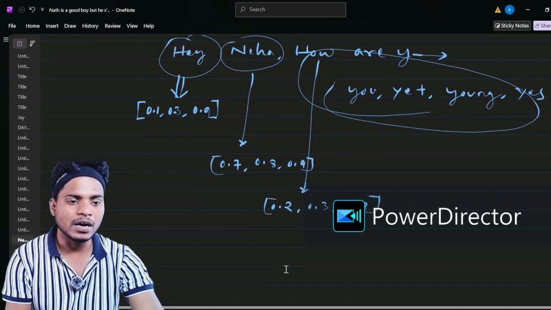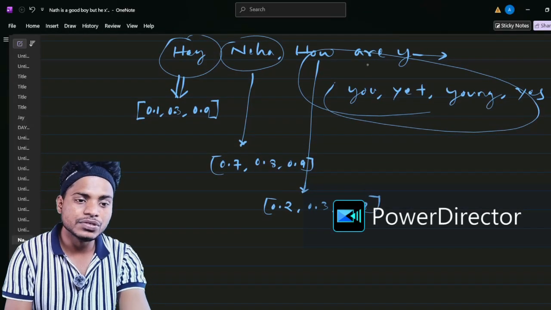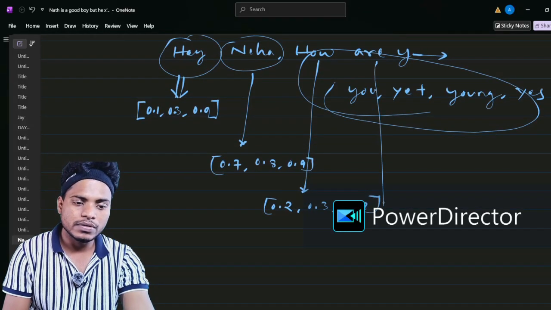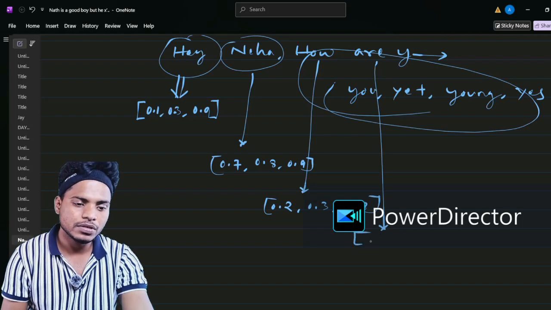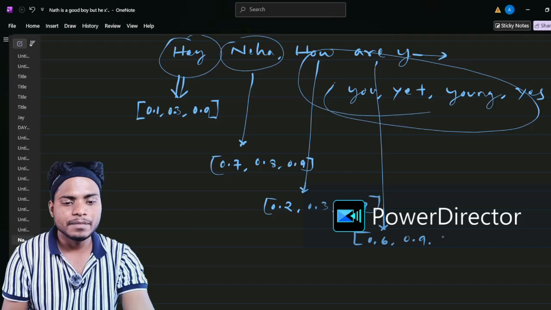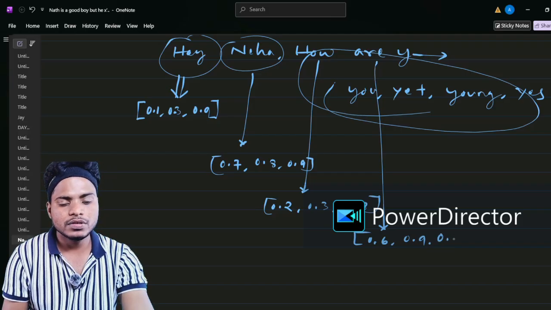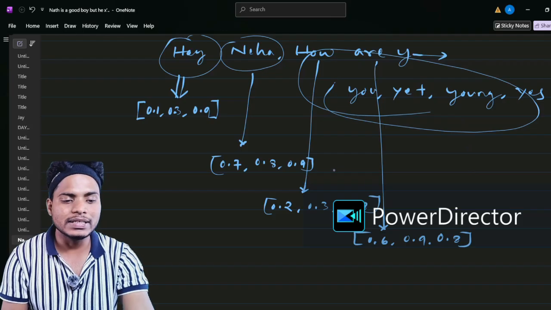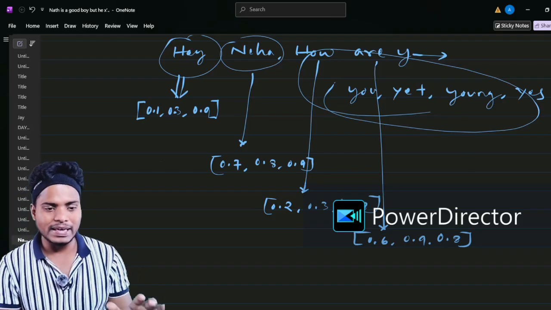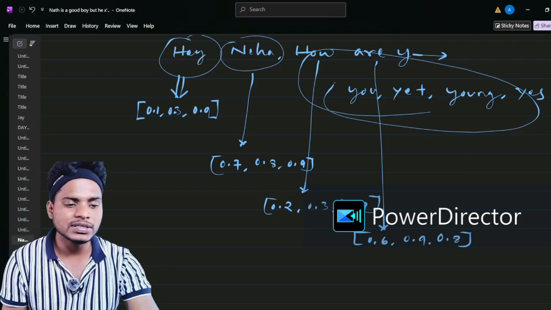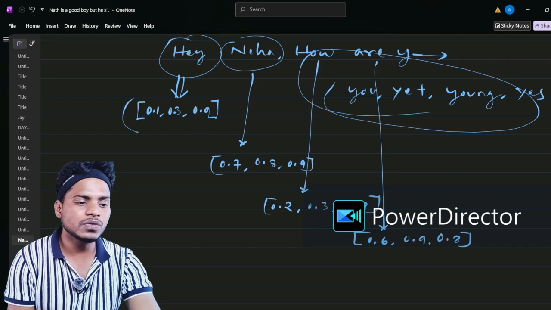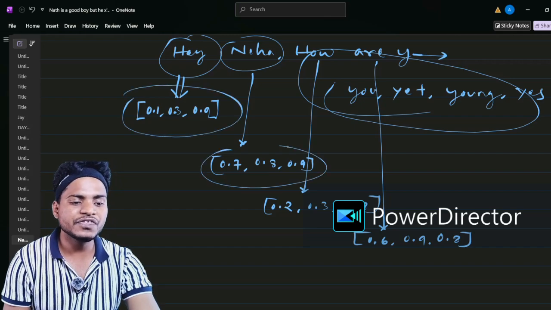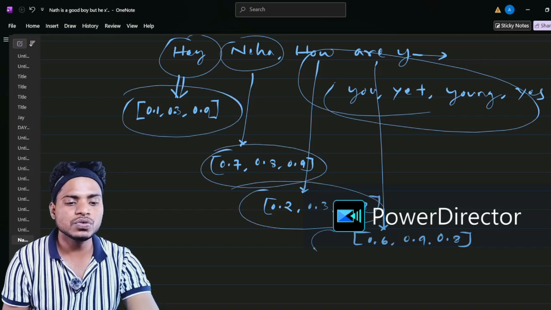Now what is the next word? Yes, definitely R. R is related to how. So I'll write it like this: how has a vector 0.6, 0.9, and 0.8. These are the vectors. Now what the AI model does is, it simply tries to find out which vector is close to these words.